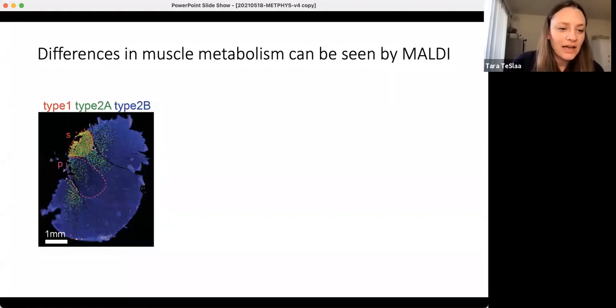And then the gastrocnemius muscle, which is majority these type 2B fibers, which I discussed previously, make up white muscle because they don't have a lot of mitochondria or myoglobin. But the gastrocnemius muscle also has some regions that are a little bit redder, for lack of a better term, where we have more type 1 and type 2A fibers.